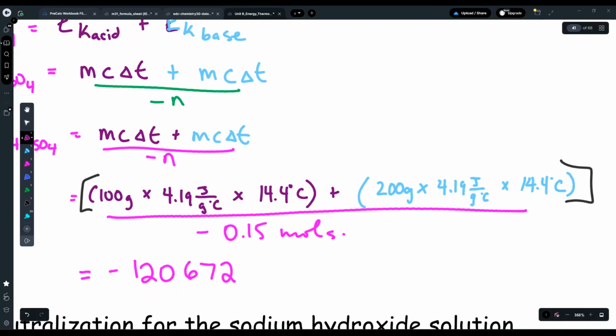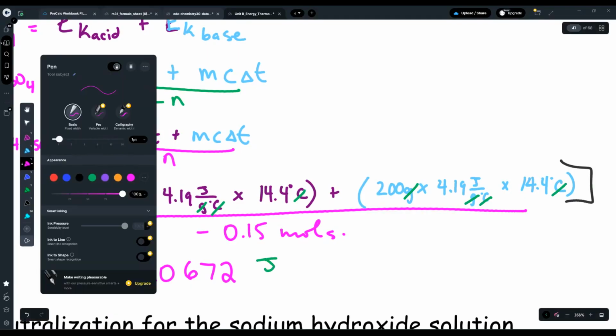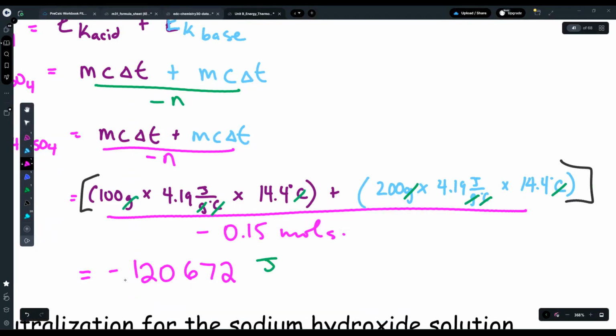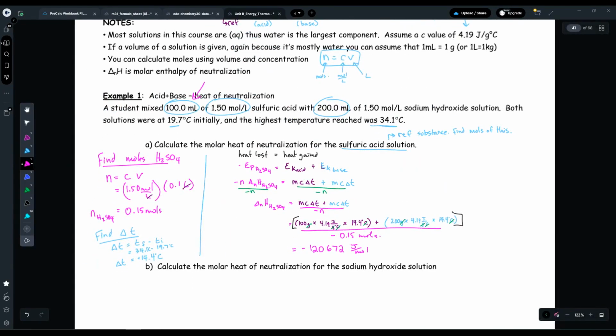For our units, grams are canceling out, so our degrees Celsius, so this is going to be in joules per mole. So it looks like the least amount of sig digs that we have to work with is 3.